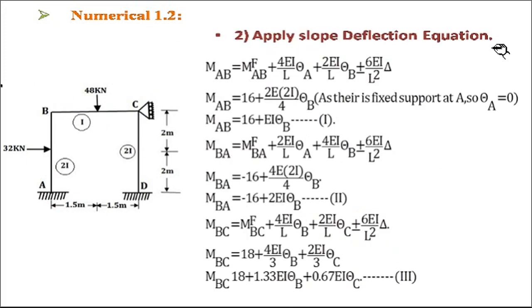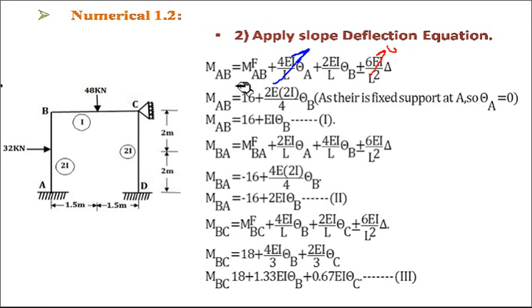Now we will apply the slope and deflection equation for the different members of the portal frame. This is the slope and deflection equation. When we apply it for member AB, at joint A the fixed support is there, so the value of theta A is equal to 0. No sinking of support is given, so delta is 0.